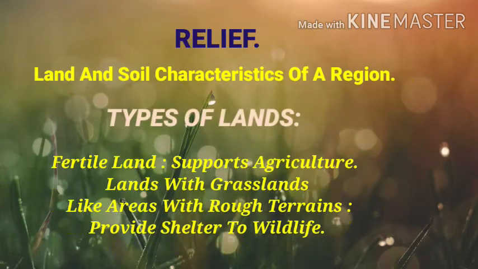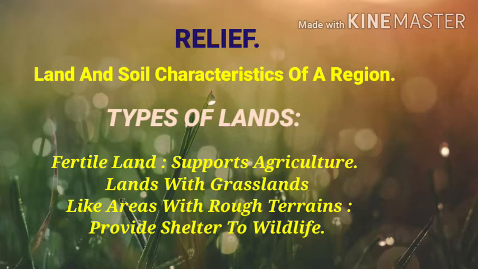Children, a few minutes back I already told you about the additional factors apart from these climatic conditions, like relief and soil, which also influence the growth of vegetation and plants. The term relief refers to the land and soil characteristics of an area.